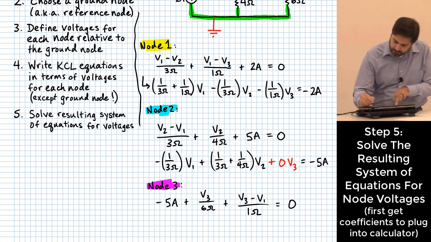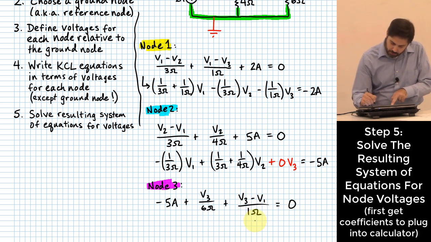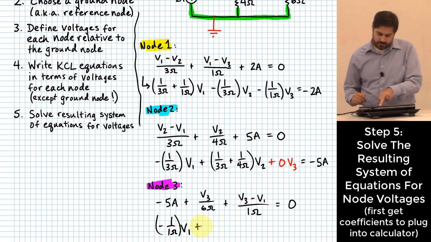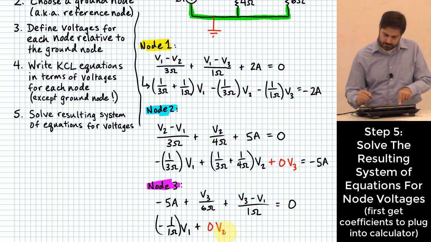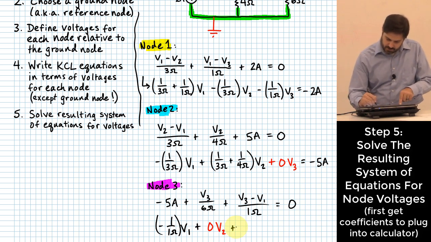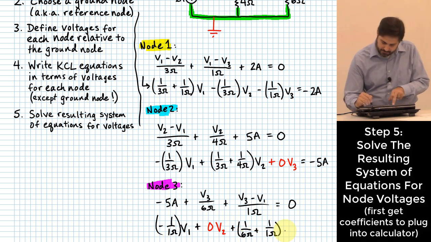Okay, last one. We will do, let's do minus 1 over 1 ohm V1 plus 0 V2 plus 1 over 6 ohms plus 1 over 1 ohm V3.